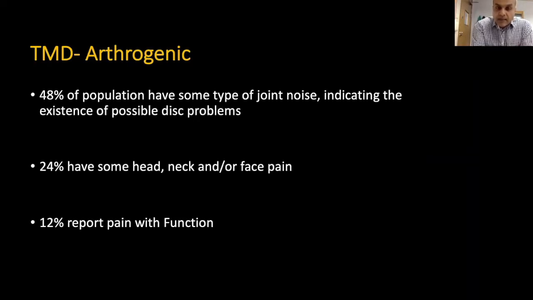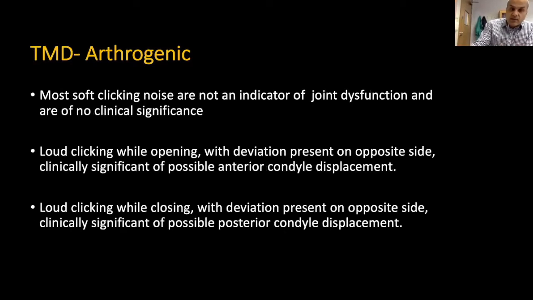Patients might say that it's initially difficult, and then they wiggle it and they can then open it, or they can open it and they get stuck. So open and can't close is an open lock, can't open is a closed lock. If there's an obvious history of these, then you need to investigate them with further imaging.